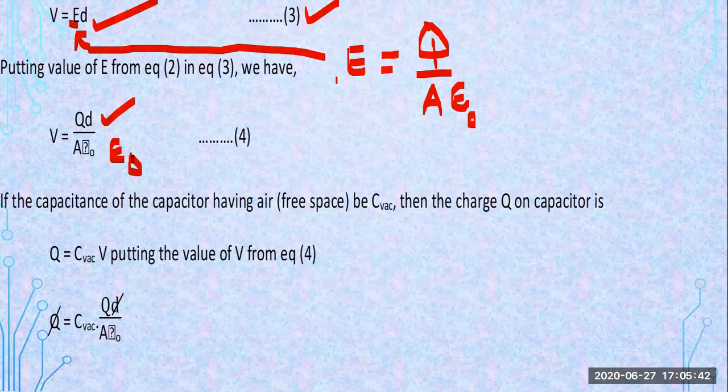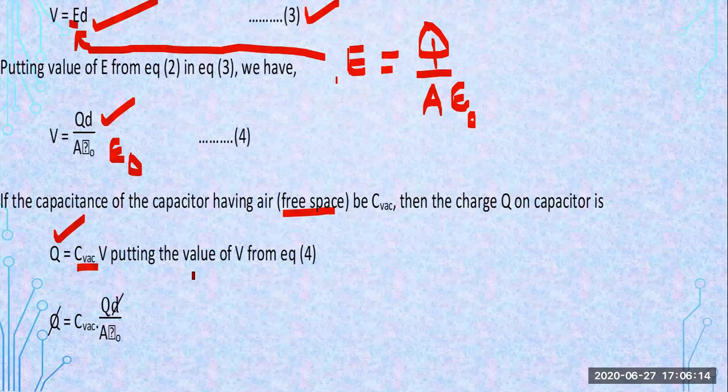So if you see, for the capacitor having air or free space, the charge Q on the capacitor is calculated using the formula Q is equal to CV. This formula was derived using the definition of capacitance, Q is equal to CV, where C is the capacitance in the case of vacuum.